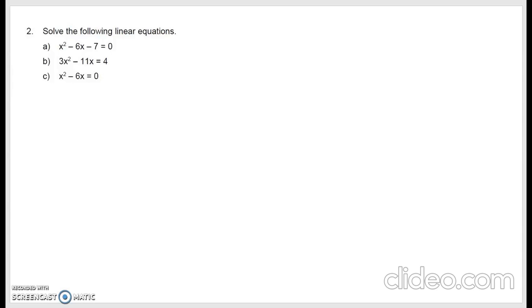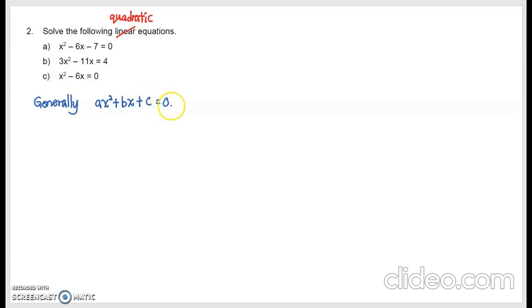Now we look at question number 2. Solve the following linear equation. Sorry, this is not a linear equation, this is quadratic, so change it here to quadratic equation. Generally, the quadratic equation is ax squared plus bx plus c is equal to 0, where a is the coefficient of x squared, b is the coefficient of x, and c is the constant.